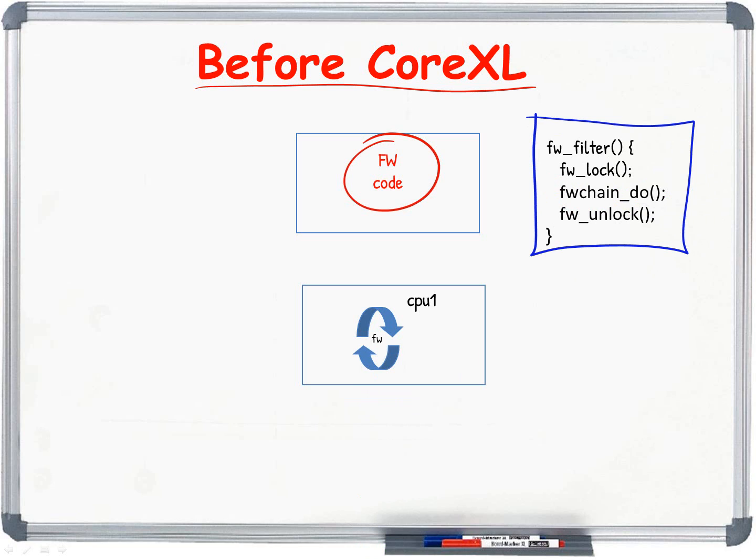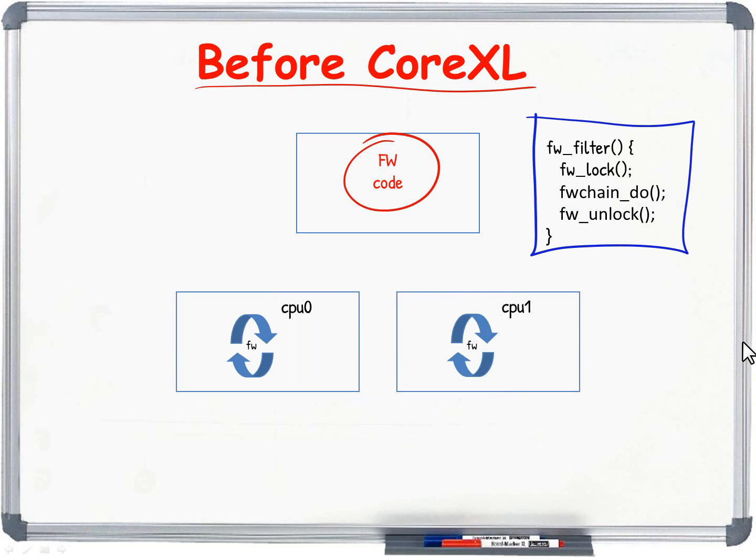But now to clarify this a little better, let's introduce a second core into the picture. So now we have two CPUs, CPU 1 and also CPU 0. Now assume that the next packet comes into, let's say, CPU 1. CPU 1 is going to interrupt the firewall code and request the firewall to process. So the firewall does the FW lock, which locks the firewall code.